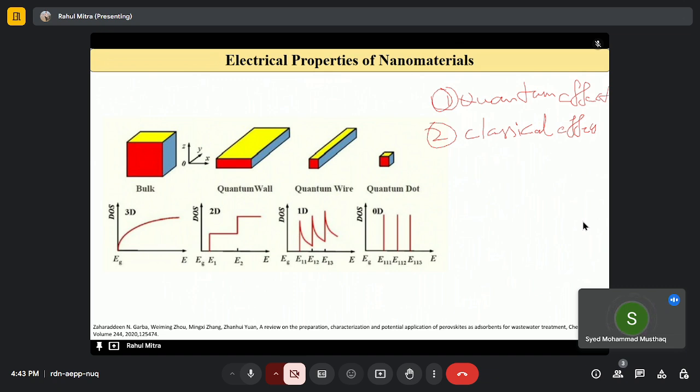Let me start with density of states so that people can easily understand. That will tell about the quantum effects.